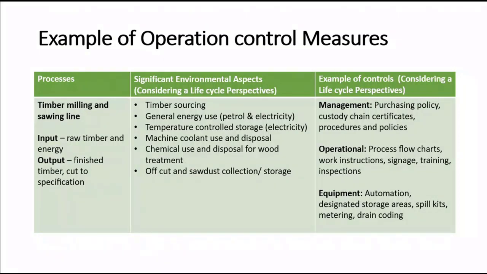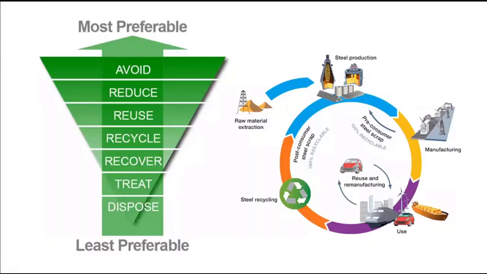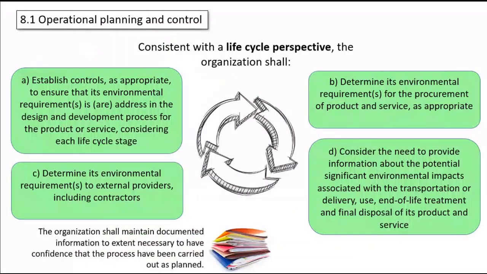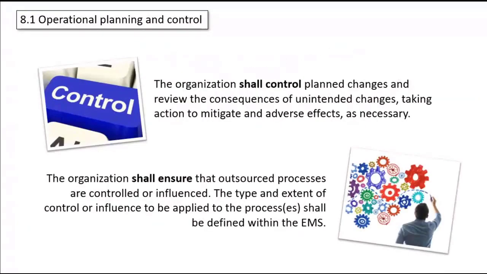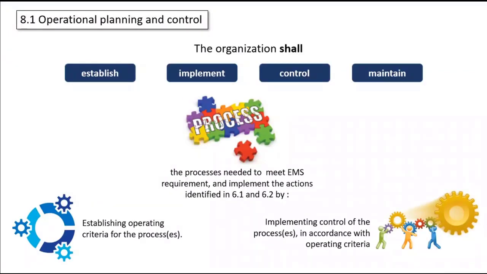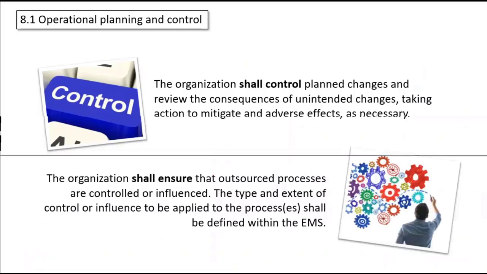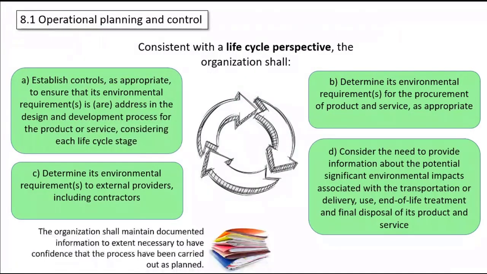So this is an example of what you can control. Okay, the criteria. Operating criteria normally is something that is measurable.